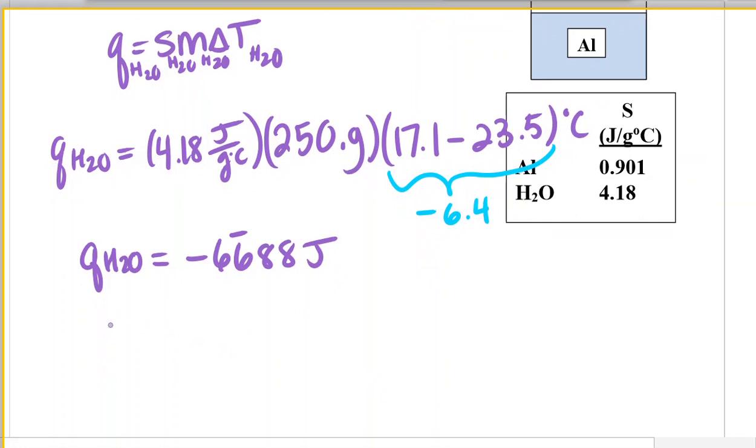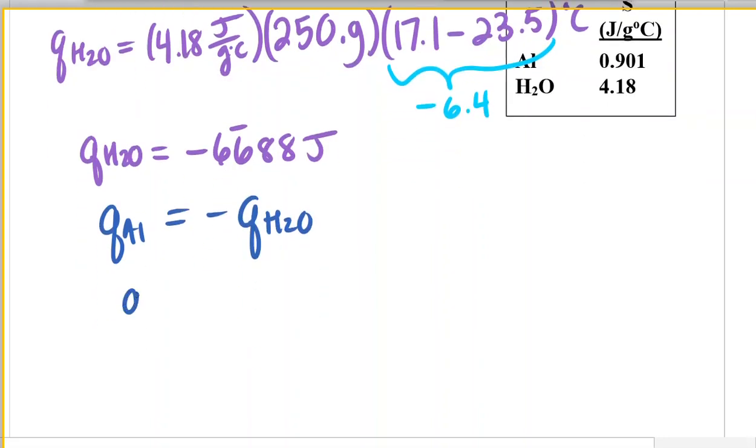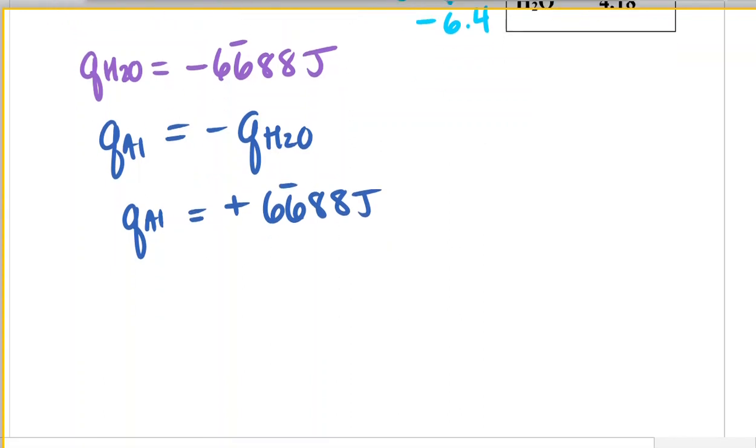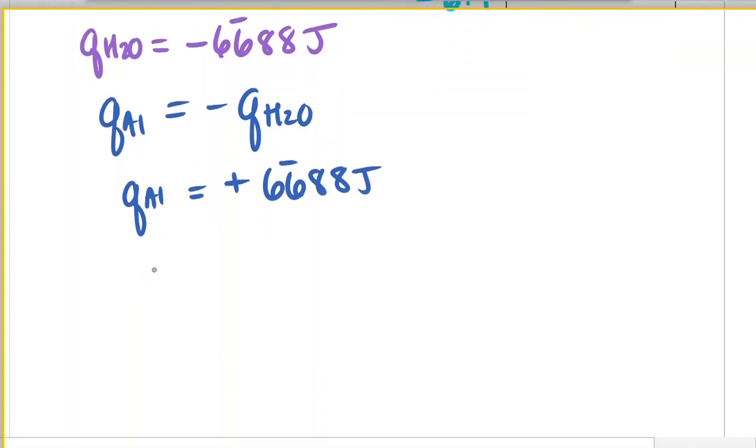Okay, and then we know that for the metal, we're going to have the same number but opposite sign as the Q for the water. So in other words, we're going to change it to a positive. And then we can set up this equation for aluminum.